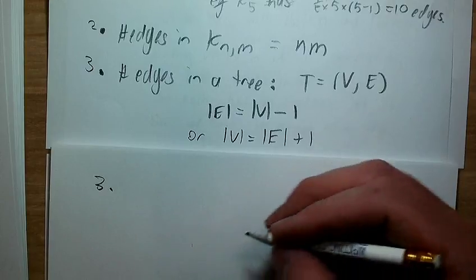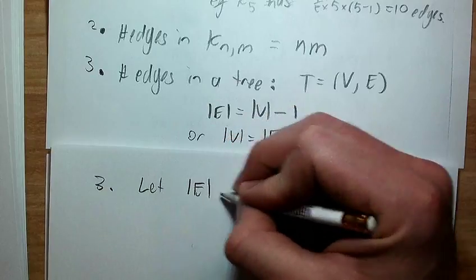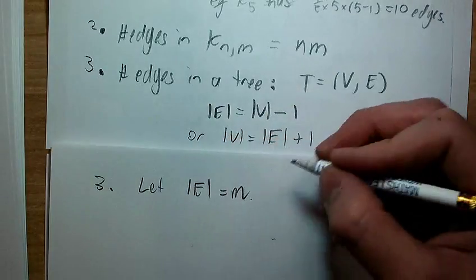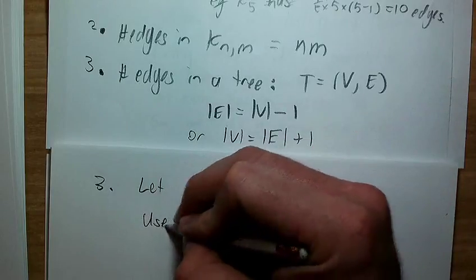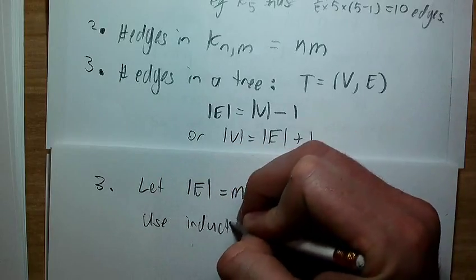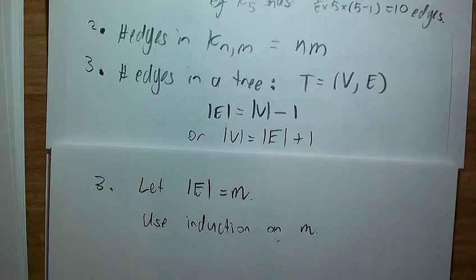So, let the number of edges be m. And we know that m is greater than or equal to 0. This is a very, very clever way of going about this proof. Induction is specifically designed to prove things about natural, whole numbers.